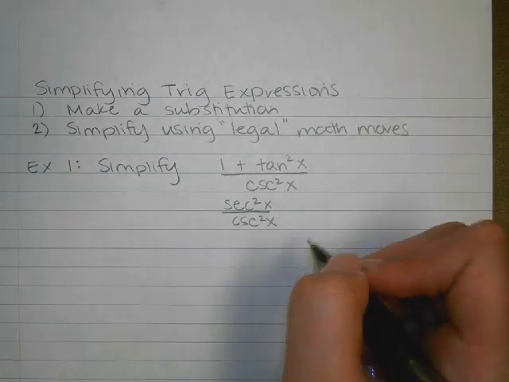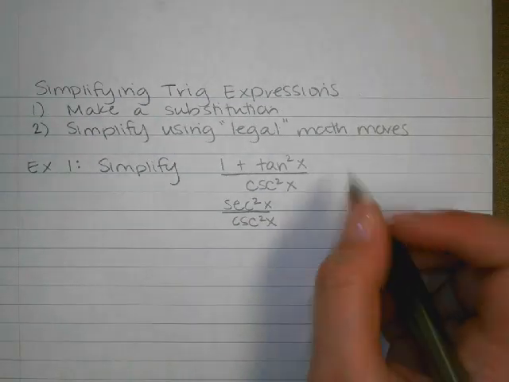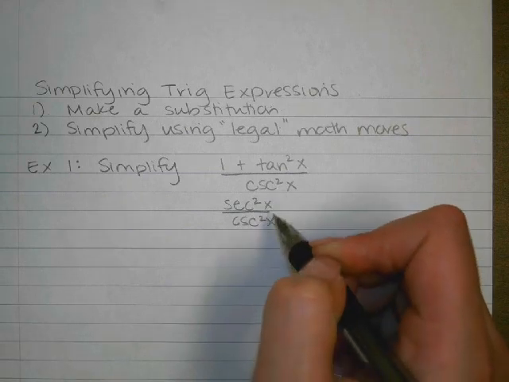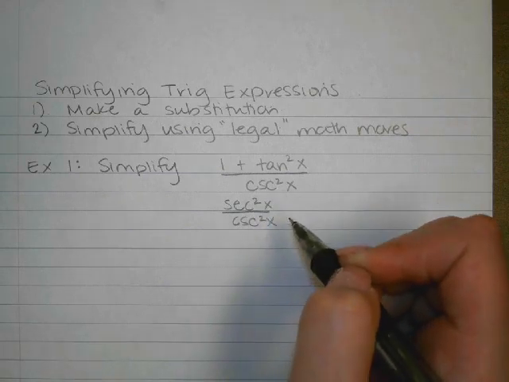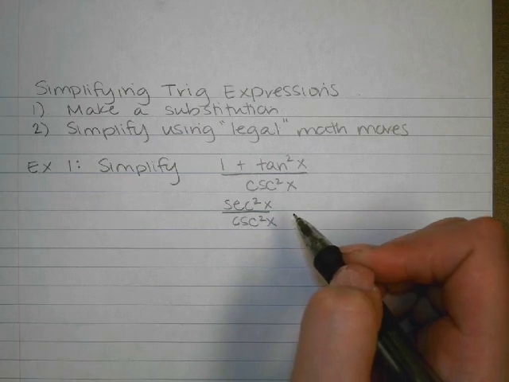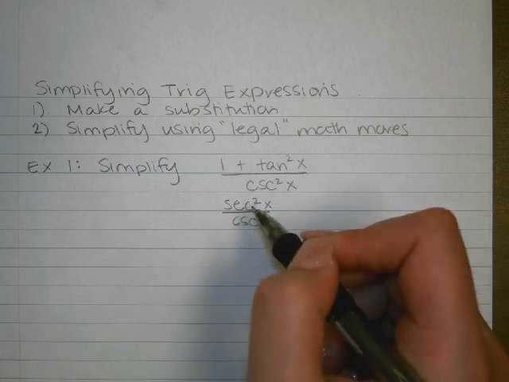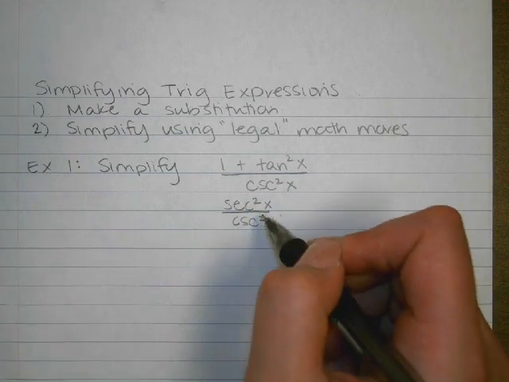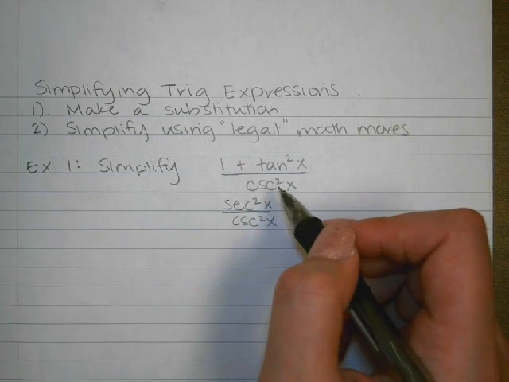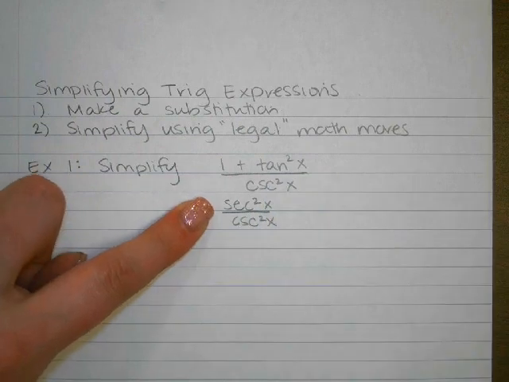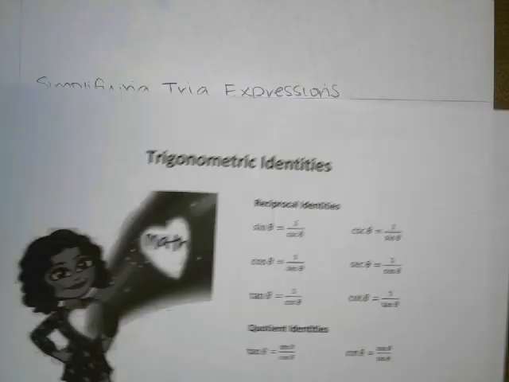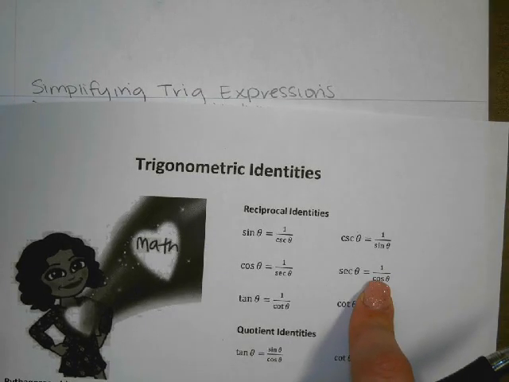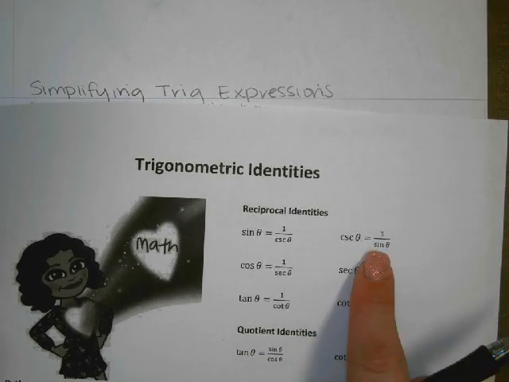And then after that, I'm going to see if I can simplify anything because I made my substitution, and I can't. I don't have anything on the top or bottom that can cancel. I can't square root this because then I'd have to square root something else to balance it out. So at this point, I'm looking to make another substitution. So the other substitution I'm going to make is that I know that secant is 1 over cos, and I know that cosecant is 1 over sine.